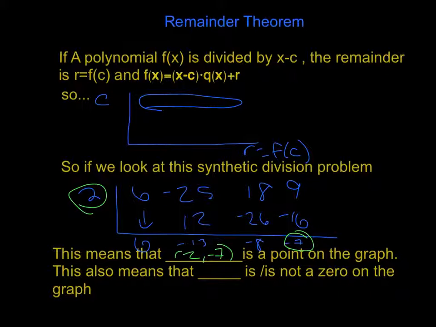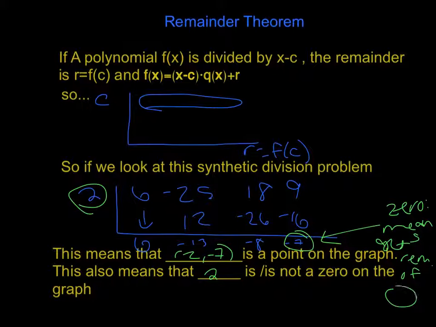It also means that 2 is not a 0 on the graph. So in order to be a 0 on the graph means you get a remainder of 0. A 0 means you get a remainder of 0, because a 0 is just an x-intercept, which means your y value is 0.